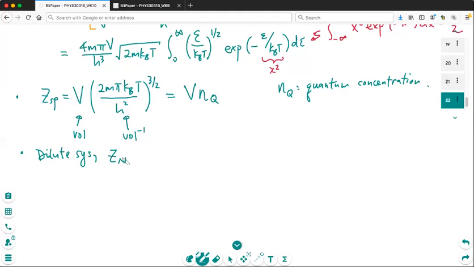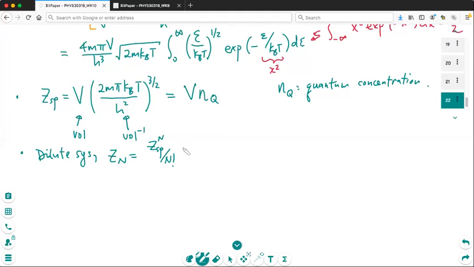For dilute indistinguishable gas particles, we can write this partition function like this. All this we already mentioned. It's important that you synthesize all this knowledge.